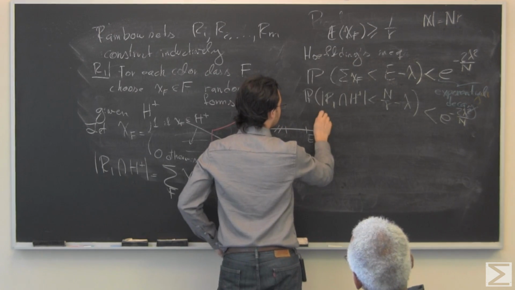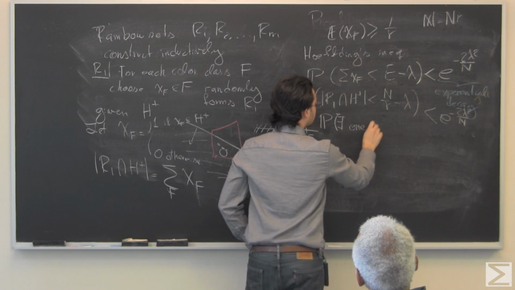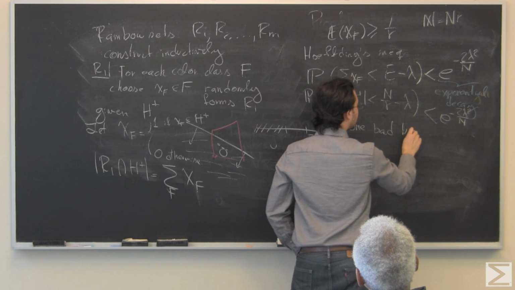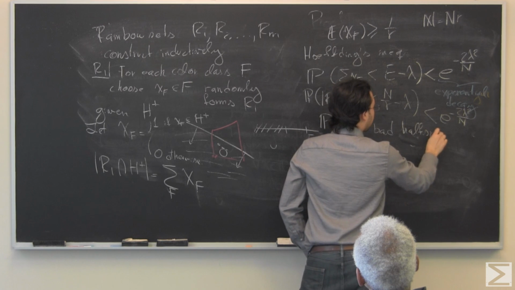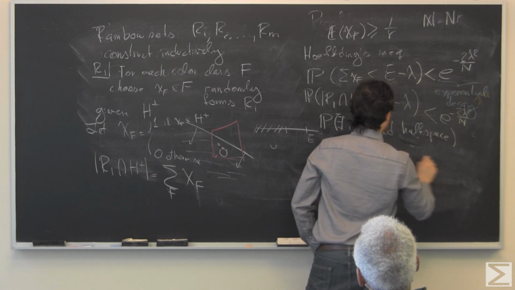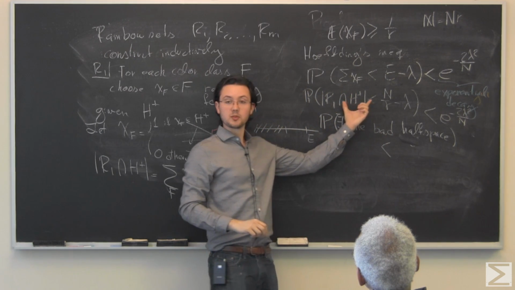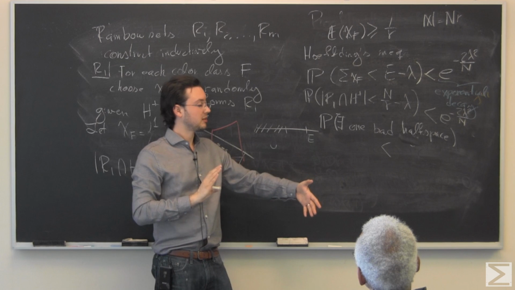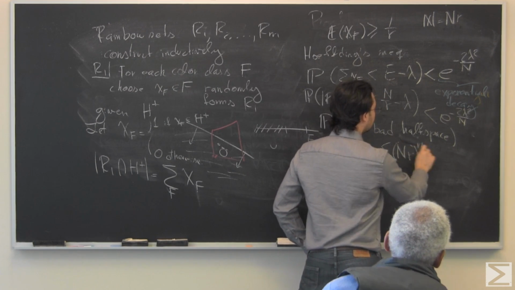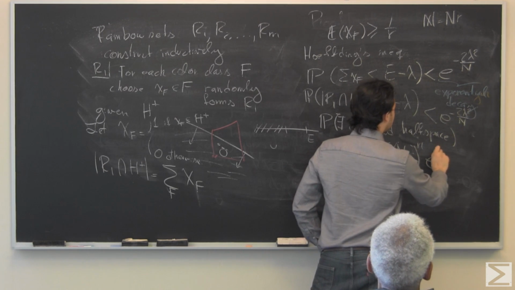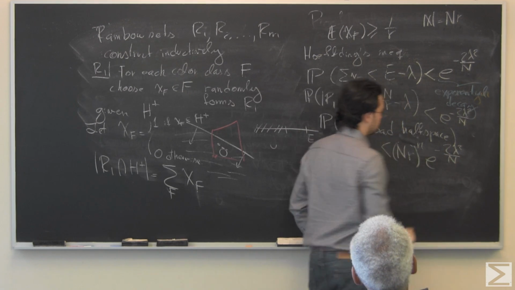So the probability that there is one bad hyperplane, or half space, is less than, well, I don't know if they are dependent or not, these probabilities, but the union bound still holds. This is less than the number of possible cases I have, n over O to the n, times this, e to the minus 2 lambda squared over n.